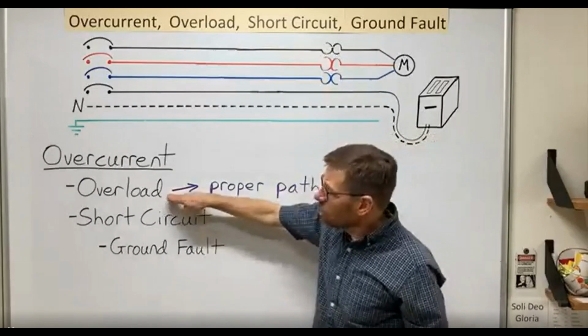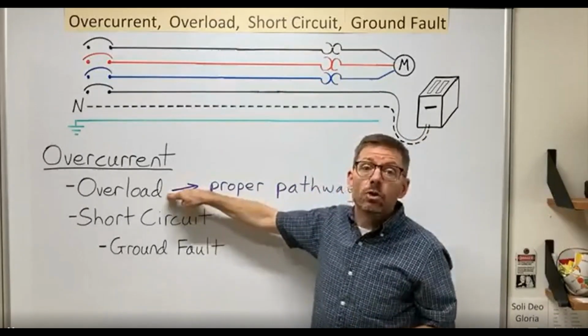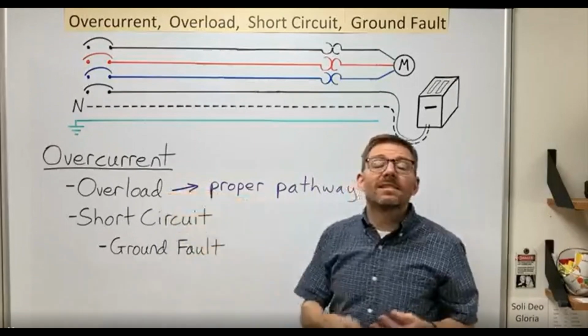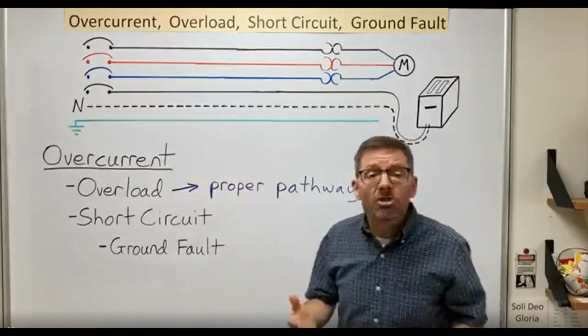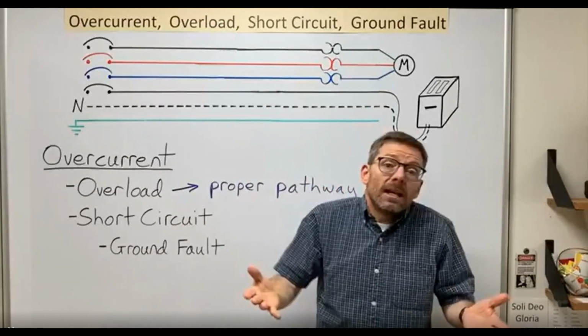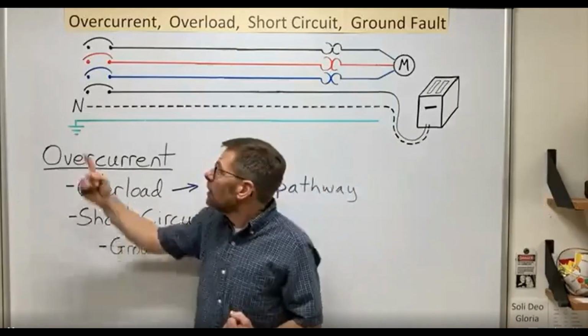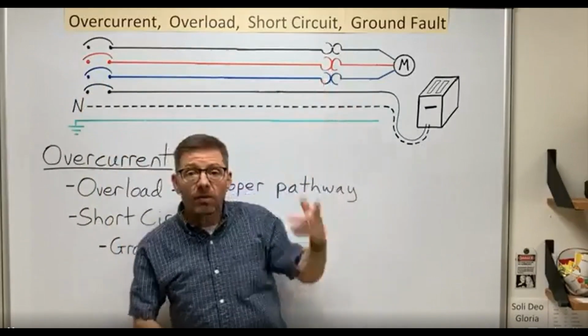Now, this definition goes on to tell me that if the excess current continues for too long, it can cause damage or dangerous overheating. But there are safe overloads, ones that last just a few seconds and a few minutes, or sometimes longer, depending on the intended characteristics of the devices involved.